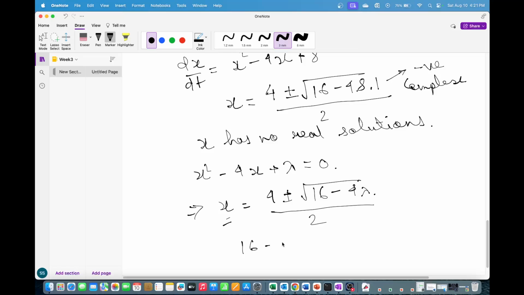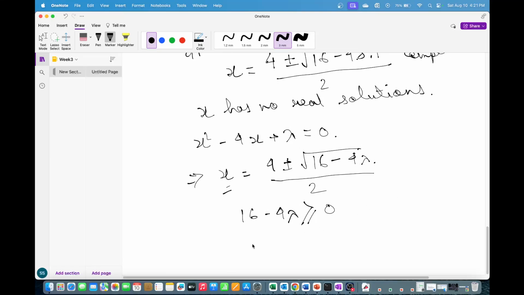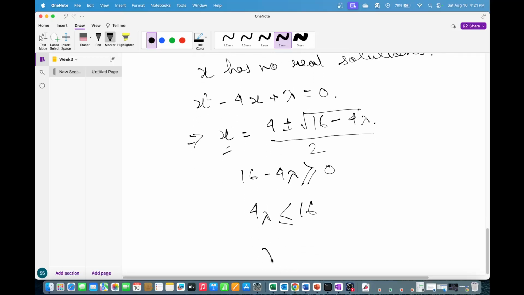So 16 minus 4 lambda should be greater than or equal to 0. Sorry, let me write it properly. Then 4 lambda becomes less than or equal to 16, and lambda becomes less than or equal to 4.